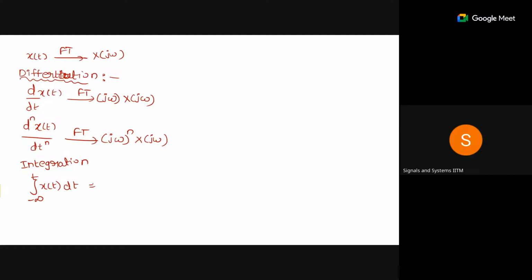So how can it be written in terms of convolution? Can anyone tell? This can be written as x of t convolved with u of t. Did you get this?